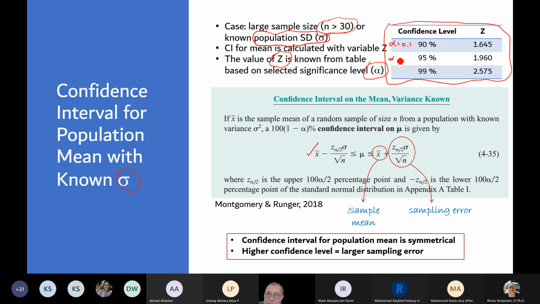This is alpha equals 0.05, and this one alpha is 0.01. Okay, so when we select alpha of 10%, then the z value is 1.645. For alpha 0.05, the z is 1.96. And when alpha is 0.01, the z is 2.575.